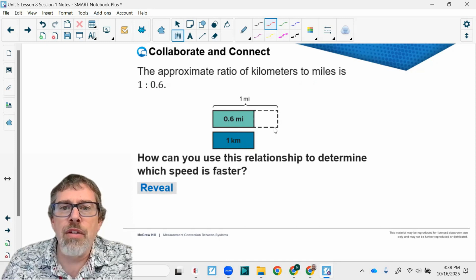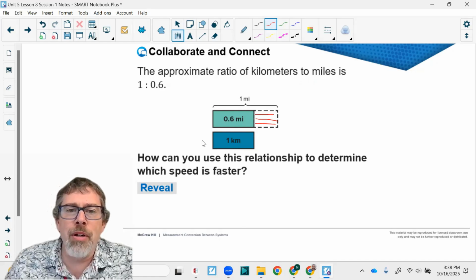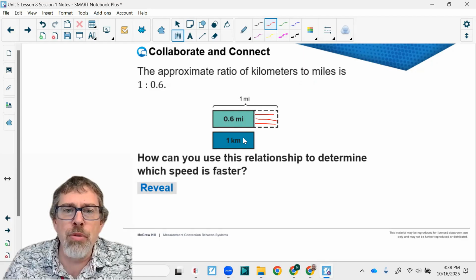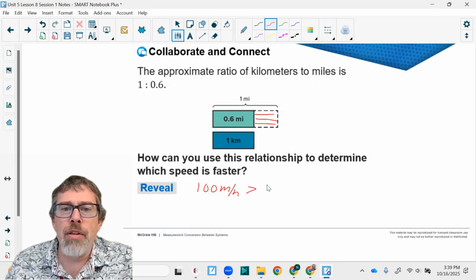So 1 mile is this much distance more than 1 kilometer. If I had 100 of these blue squares and 100 of these larger rectangles, obviously the miles is faster. So 100 miles per hour is greater than 100 kilometers per hour.